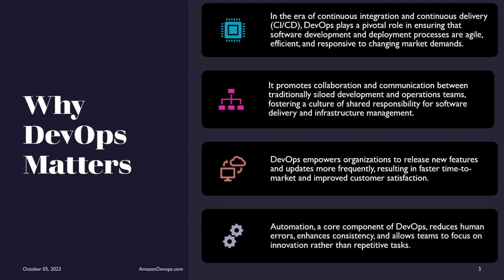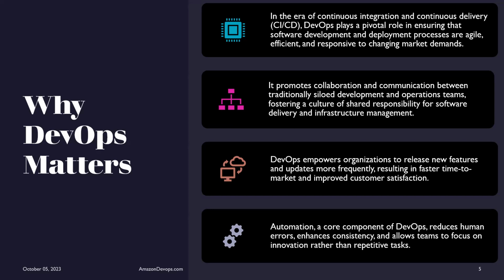DevOps, of course, promotes collaboration and communication, and this is one of the main concepts of DevOps. Before DevOps came into the picture, we used to have a traditional structure in companies, which means each department was all by itself. Operation was mostly involved in the process of operating the application.